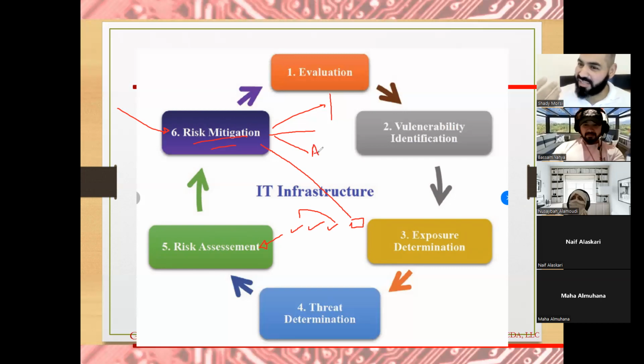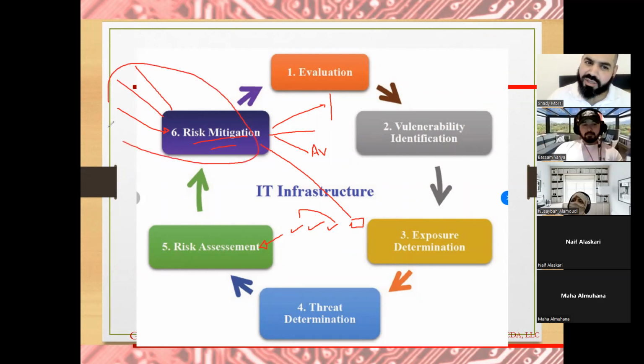If I have no business need for someone external to access my website, I need to avoid the risk. This is also part of the risk mitigation plan. But the most important thing is that physical controls, technical controls, and managerial controls all fall in this category, risk mitigation. Okay, thank you.